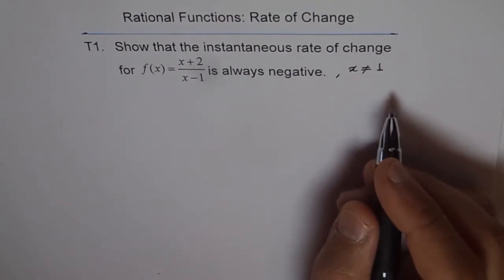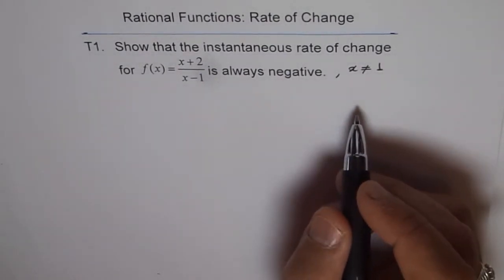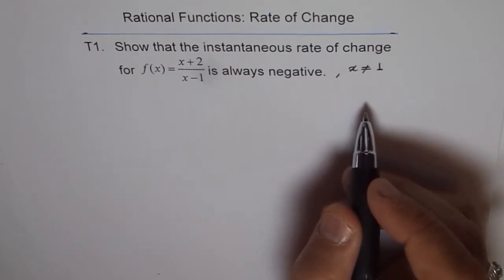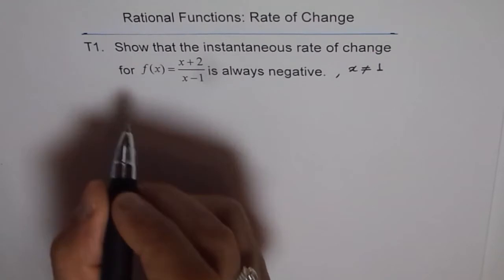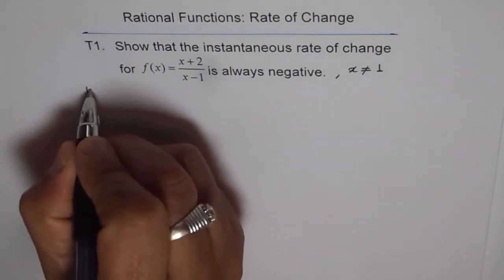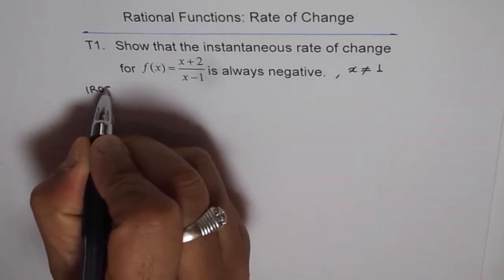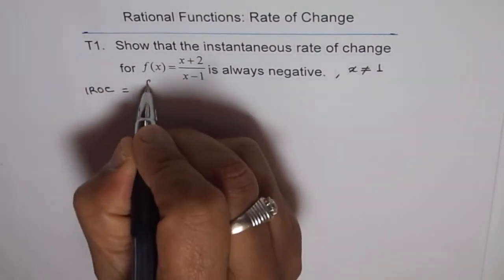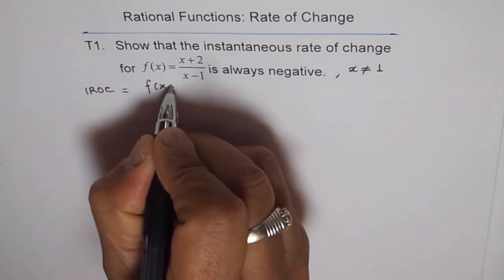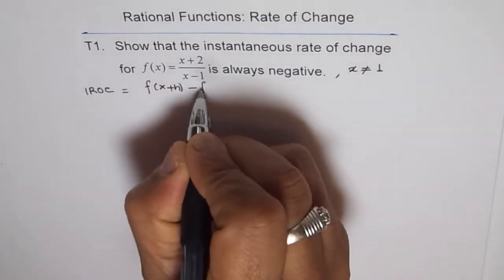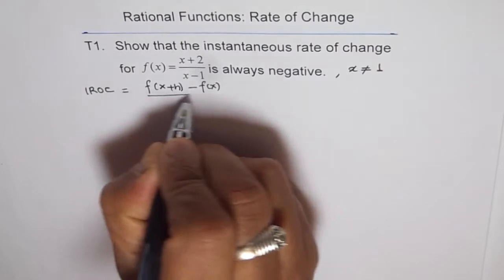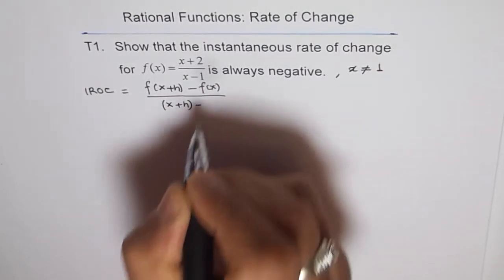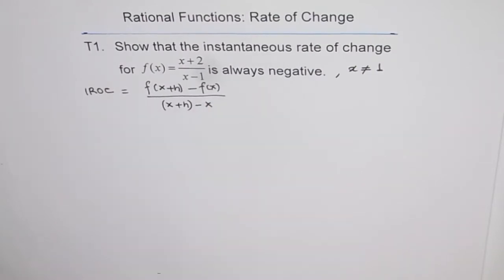Now to find the instantaneous rate of change, we will use the general method, the difference quotient method, correct? So the instantaneous rate of change, IROC, in general is equal to f of x plus h minus f of x over x plus h minus x, right?